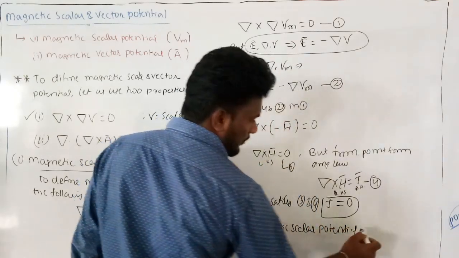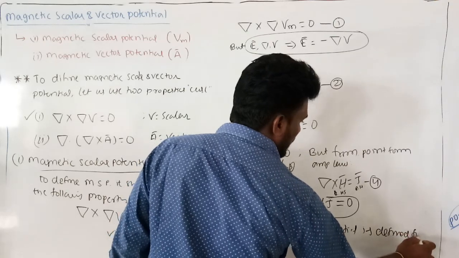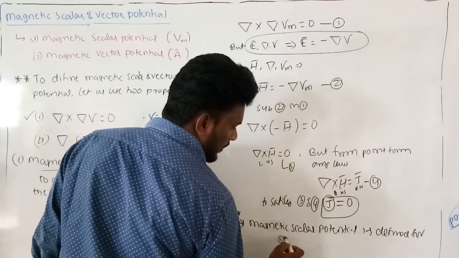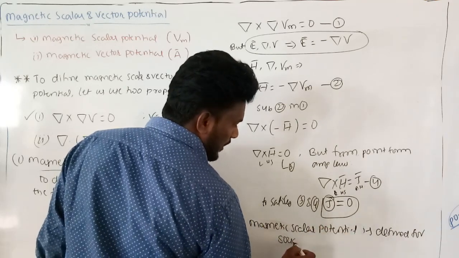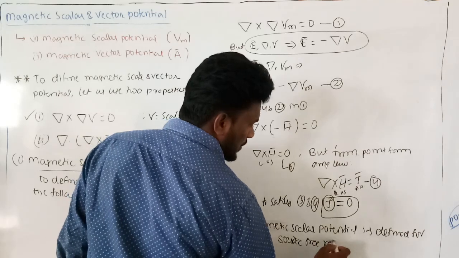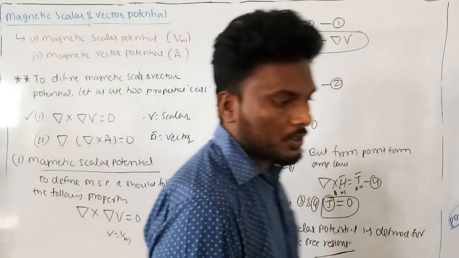Magnetic scalar potential is defined for source free regions. Here the source is a current source, so J bar is equal to 0. It is defined only for source free regions. So this is the conclusion.